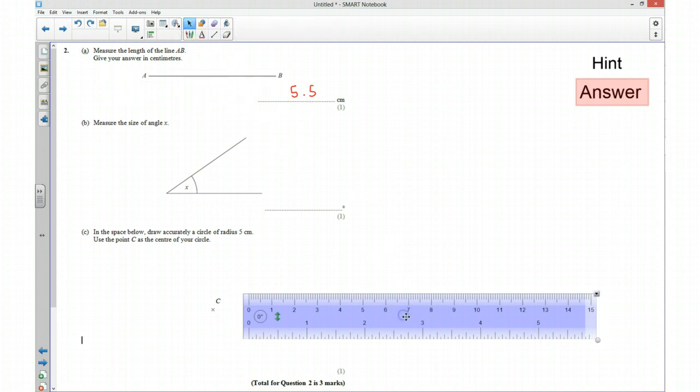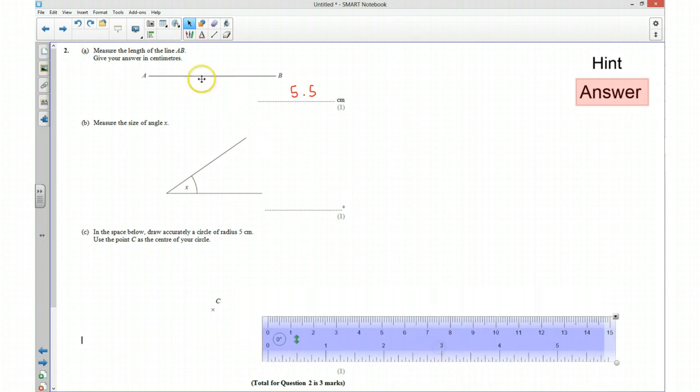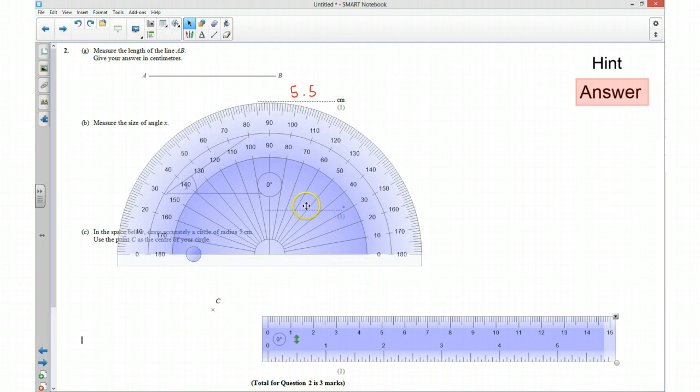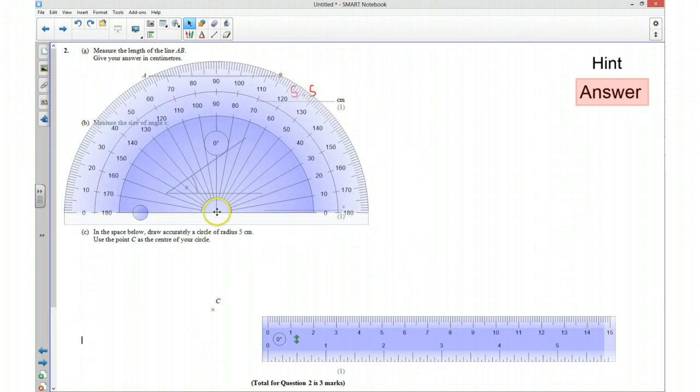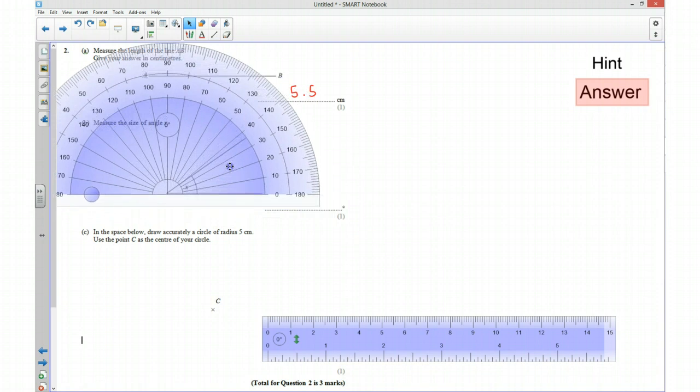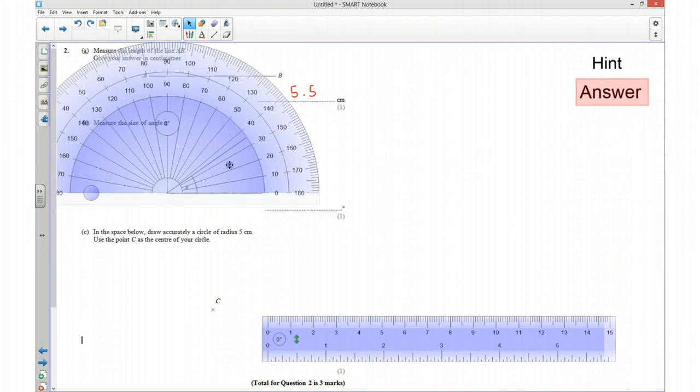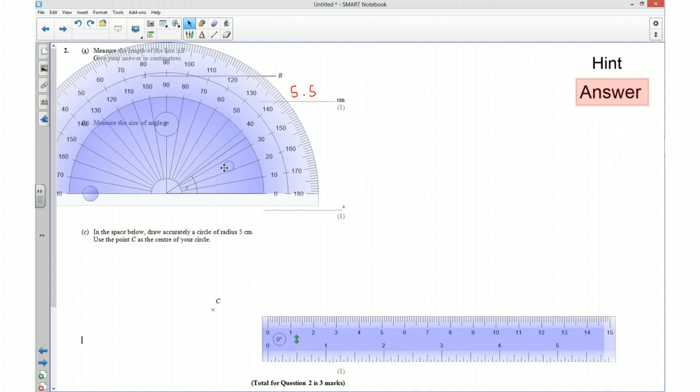Okay, I'm now going to measure the angle, so I'll leave my ruler there for the time being. I'm going to grab my protractor and place this part of my protractor on the point where the two lines intersect each other, which is there, and I can now read off this value here.